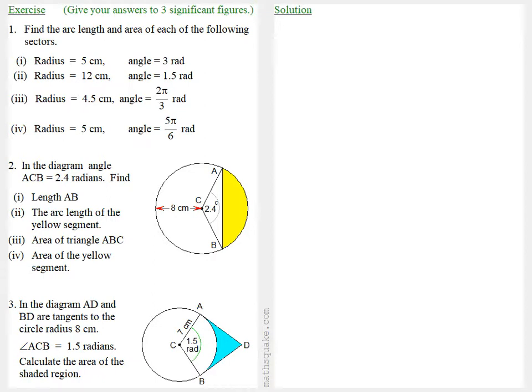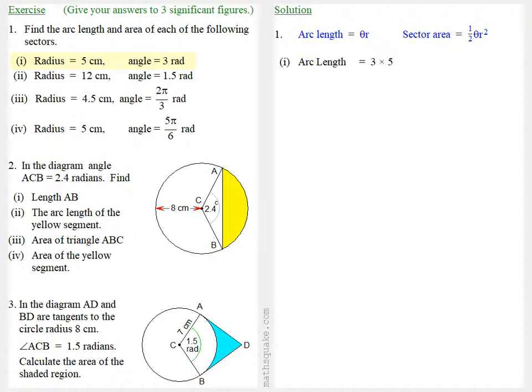Well, in the first question we have to find the arc length and the area of each of the following sectors. In part 1 we're told the radius is 5 centimeters and the angle is 3 radians. Now, the arc length is theta r, the angle times the radius, and the sector area is a half times theta r squared, or a half times the angle times the radius squared.